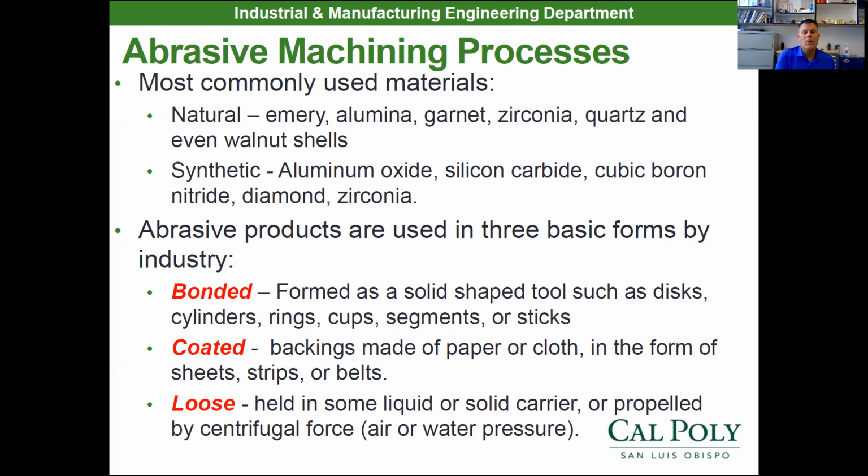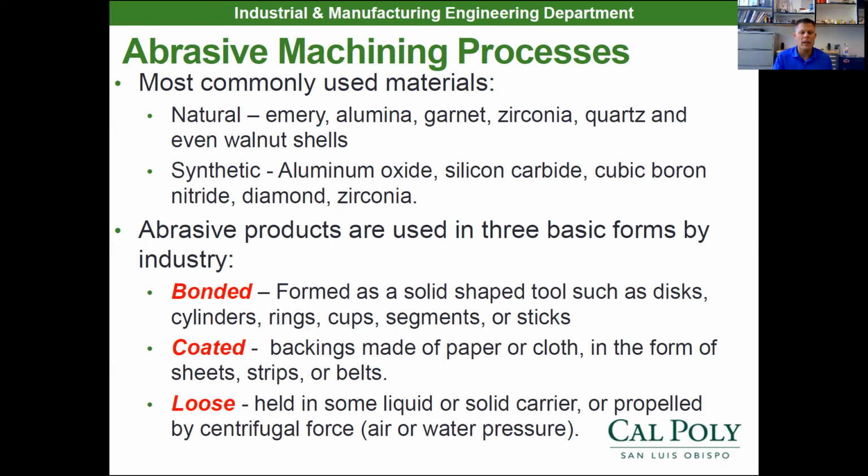Now, sometimes you can have the abrasive be loose. If you remember the bead blasting from IME 145, where we abrasive media blast the part, that's what I mean by a loose abrasive. It's held in some sort of liquid or solid carrier, and it's propelled by either air or water pressure.